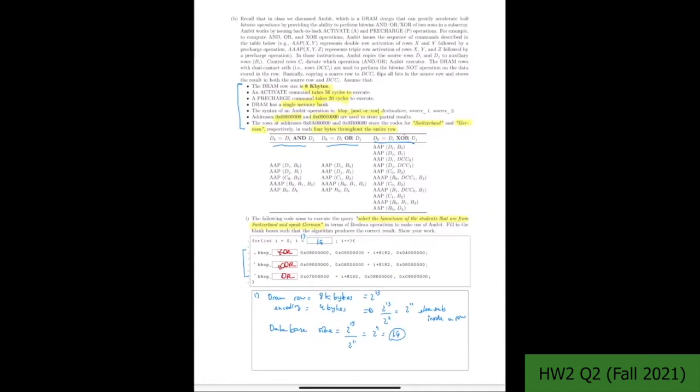2 times, okay. The latency, or the number of operations that you're going to take to execute a XOR, is how many APs and APs, right? This is what determines the latency.